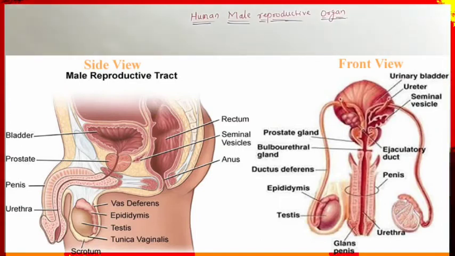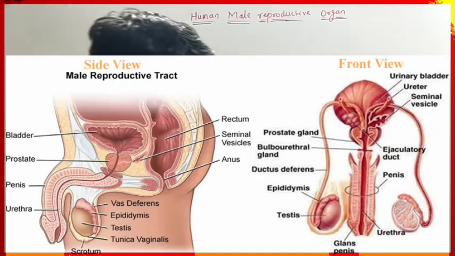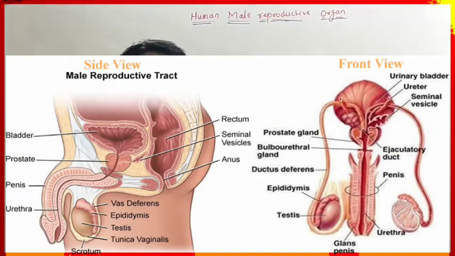So these are the ducts from the point of origin, where the sperm cells are produced, and they are sent to the vaginal cavity by using the different ducts, so that the sperm cell can fuse with the egg cell to form a zygote, where the fertilization process takes place. As the sperm are pushed forward from one duct to the next, they become mature and able to fertilize the ovum.